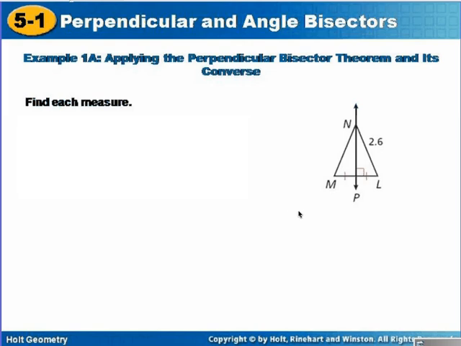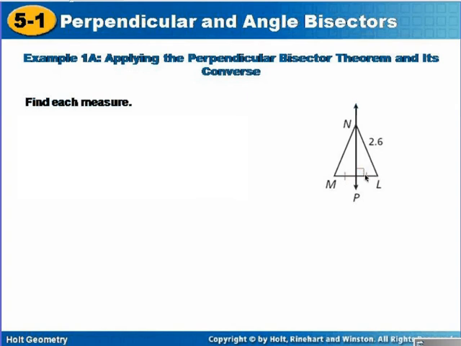So now we're going to use what we know to find the measure of NM, the line segment there. Well, we know that this line P is a perpendicular bisector, first of all, because of that right angle there, and then because it's split the base of the triangle ML into two equal parts, which we see from the tick marks.